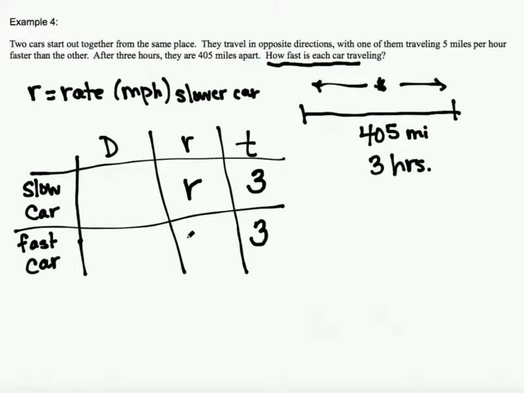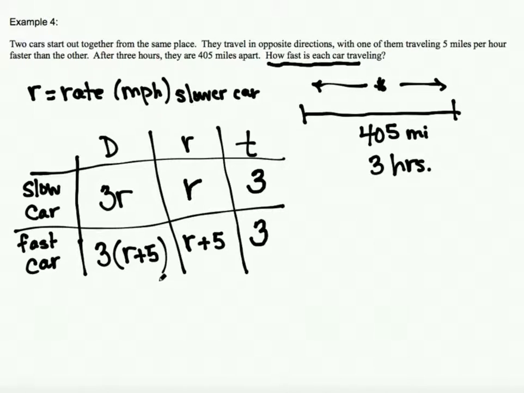So I'm going to represent that by R plus 5 miles per hour. Now I'm always going to fill in my distance column by multiplying the rate and the time. So the slow car's distance is going to be represented by 3R. The fast car is 3 times R plus 5.